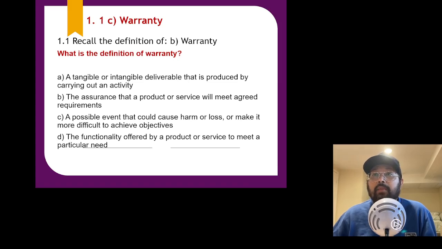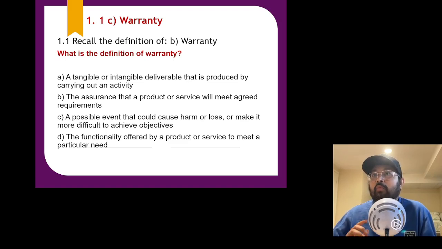Option B, the assurance that a product or service will meet agreed requirements. Option C, a possible event that could cause harm or loss or make it more difficult to achieve objectives. And option D, the functionality offered by a product or service to meet a particular need.